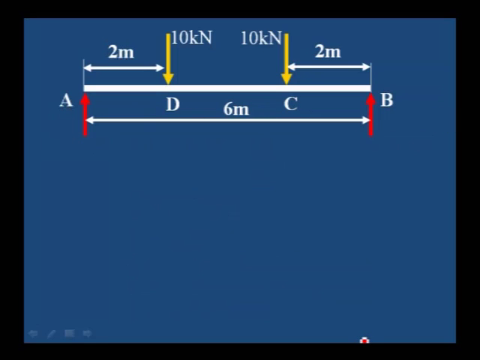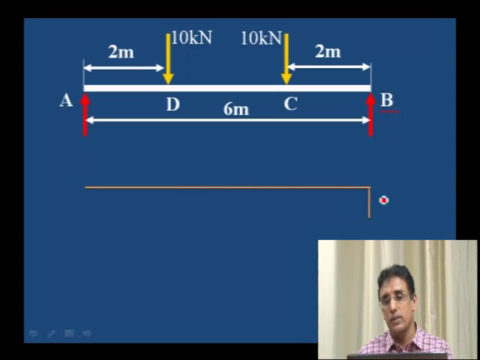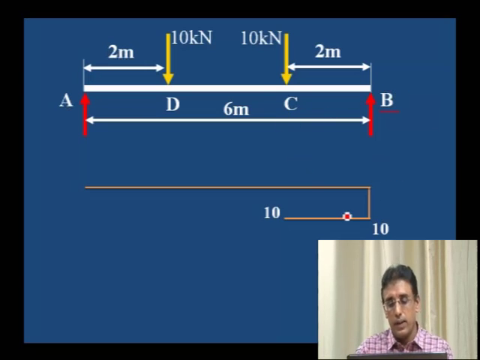Let us draw the shear force diagram. First draw a horizontal line, then here downward, equal to the RB value. Shear force at B will be equal to the RB value, 10 kilonewton. Then it is constant from B to C, 10 kilonewton. At C it becomes 0.